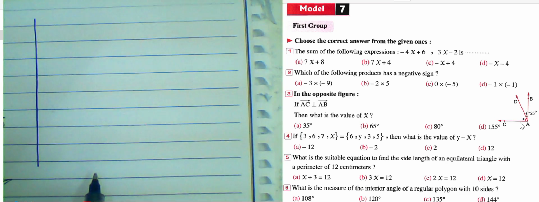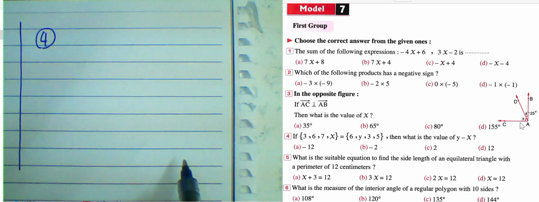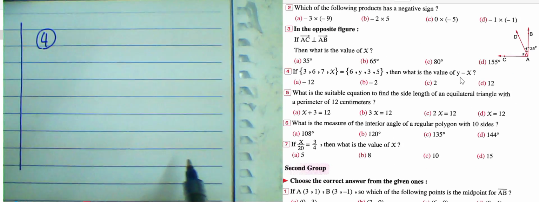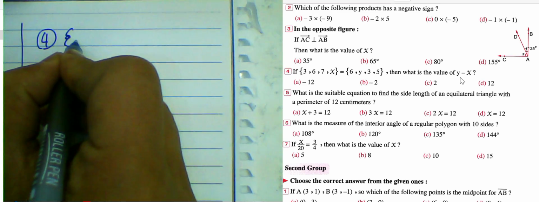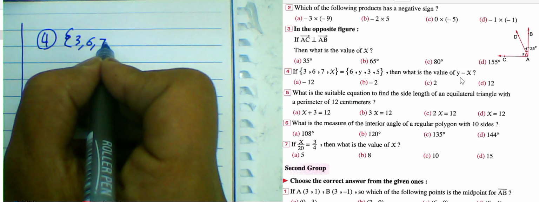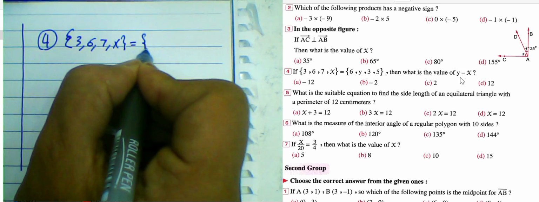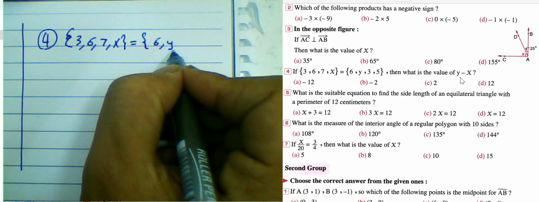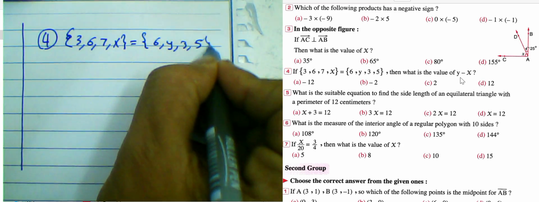Look with me at question number 4. If two sets are equal, then the value of y minus x equals what? We have the first set with elements 3, 6, 7, and x, equal to the set 6, y, 3, and 5.